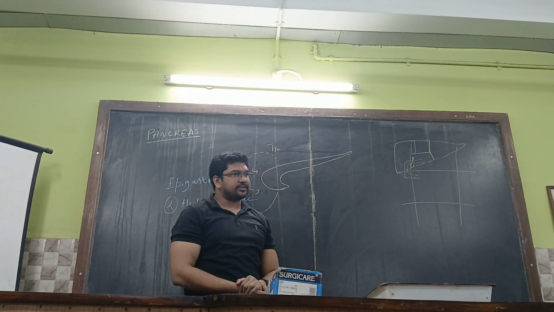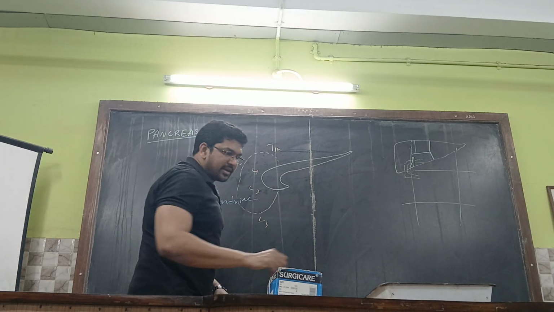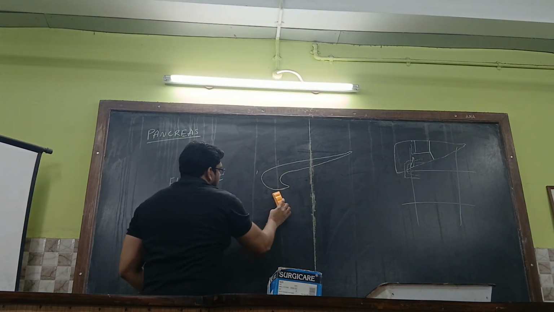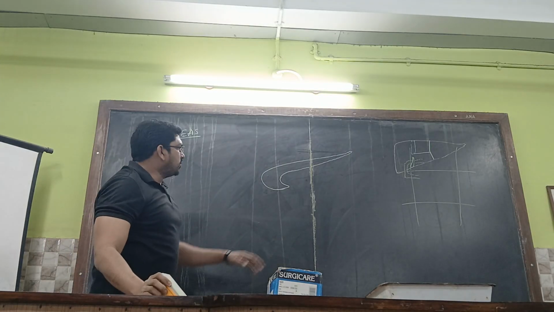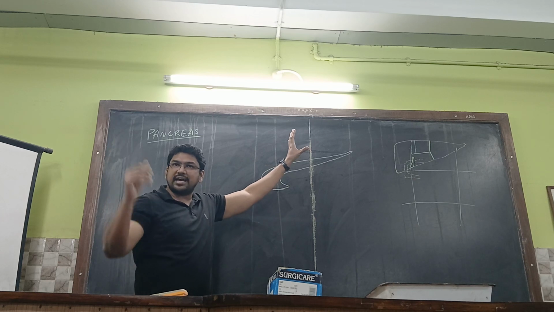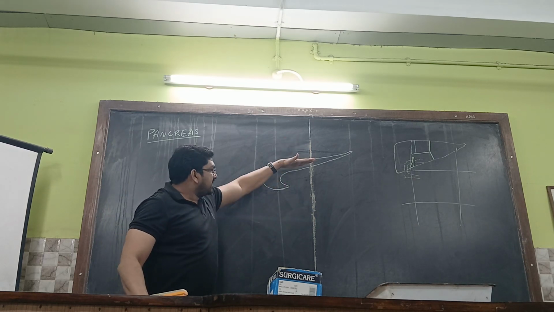So what may be the relations of the pancreas? Anteriorly, to which it will be related? Very easy. Anterior to the pancreas, which structures will be there? Stomach above, and in the middle will be transverse colon.